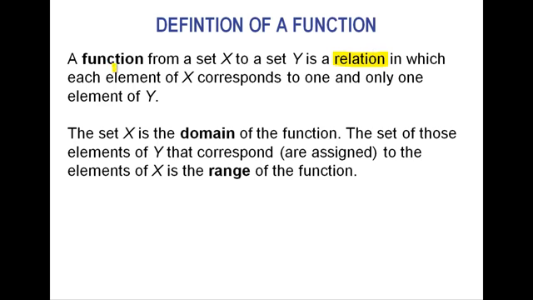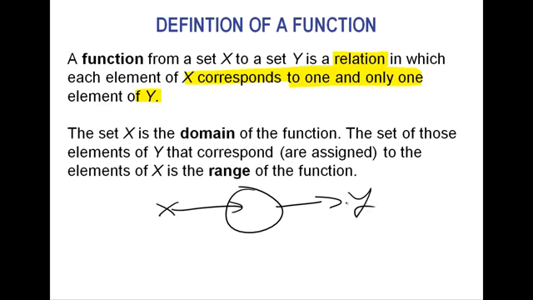A function has one little extra caveat that just says every time you give it an x, you're going to get one and only one y. So every time you take an x and plug it into the function, it's only going to spit out one y.